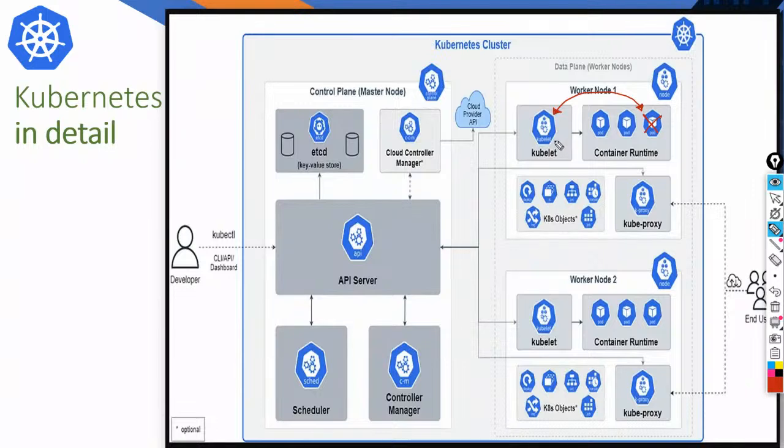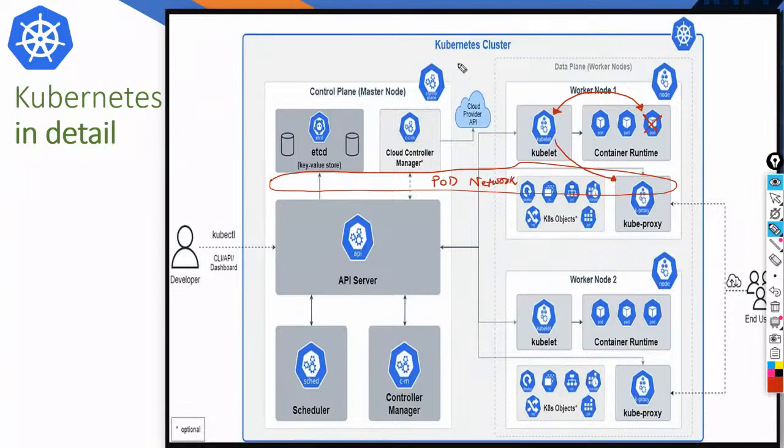Kubelet will pass this information over to the kube proxy, because kube proxy has the expertise to communicate over the pod network. There is a pod network. Pod means the container network. There is the pod network across the cluster.